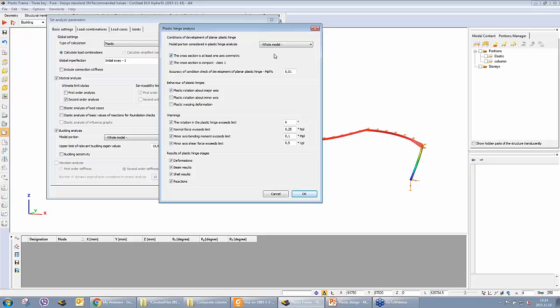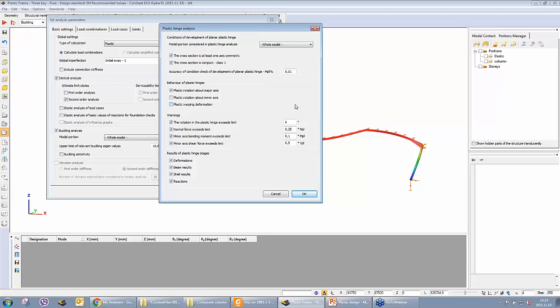So if we don't want to use plastic analysis for the whole complex model, we can choose appropriate cross sections, compact and symmetric, and we can set the condition for accuracy for the searching engine finding the plastic hinge. Then behavior of hinges, what does it mean? If we have a plastic hinge in a three-dimensional model, it can behave as a three-dimensional hinge.